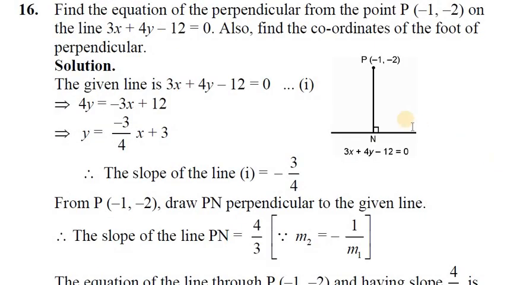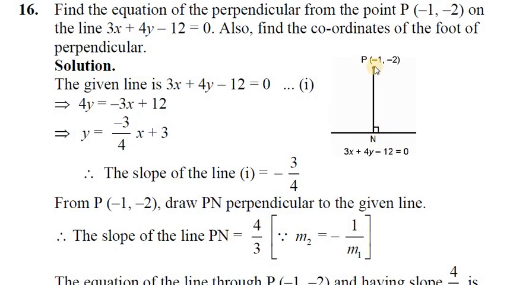So after getting the equation of the perpendicular, another part is there in the question, that is also find the coordinates of the foot of the perpendicular. That is the coordinates of the point N. N is the foot of the perpendicular. So we need to find the coordinates of this foot of the perpendicular, that is N here.